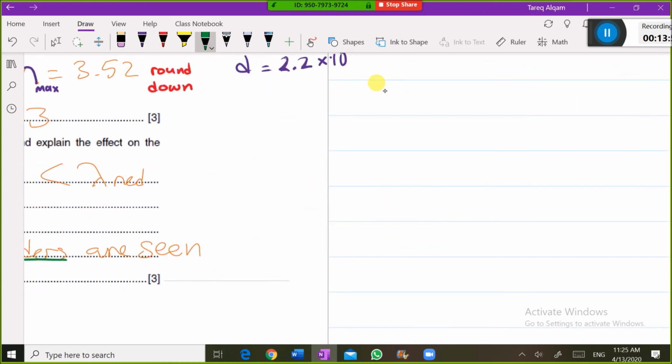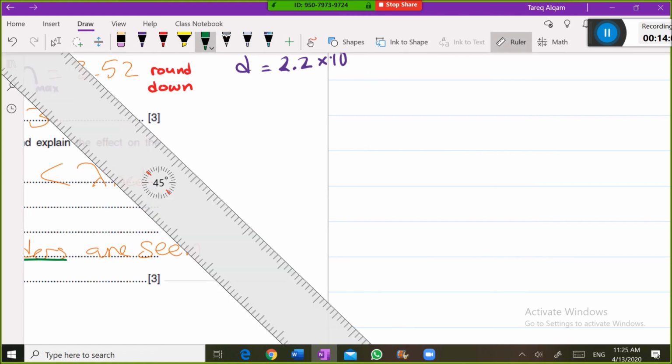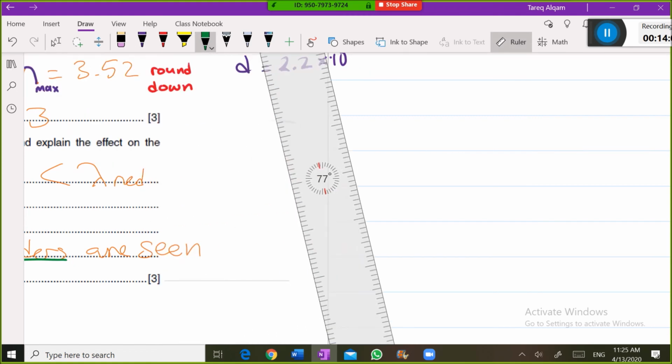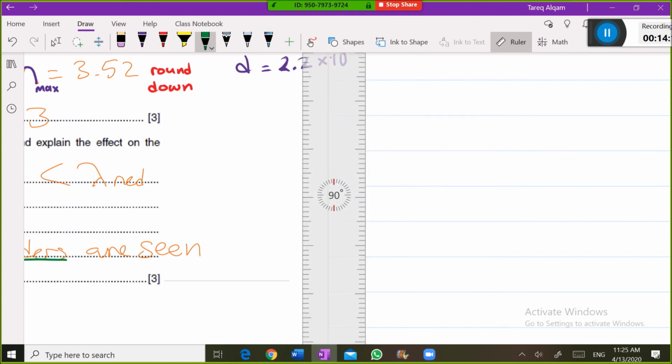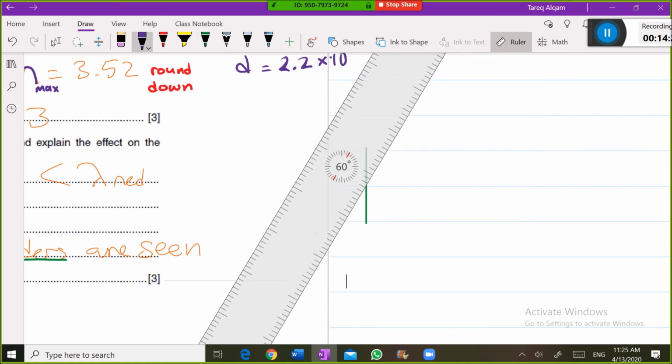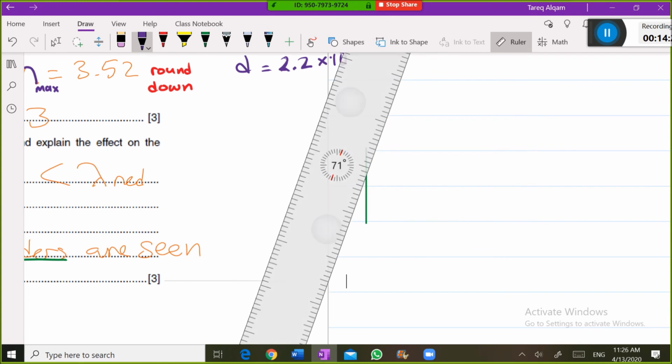For the same space, let's say this is the diffraction grating. The blue will have more orders.